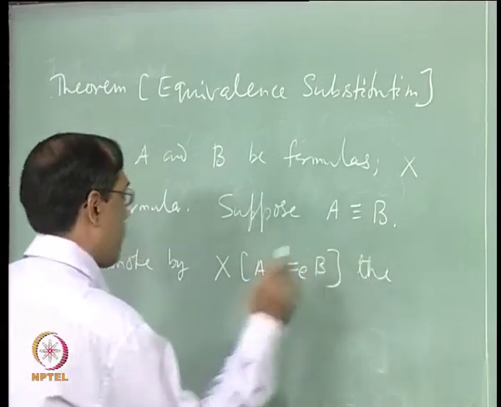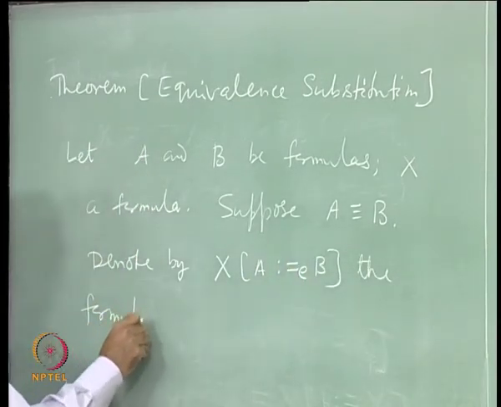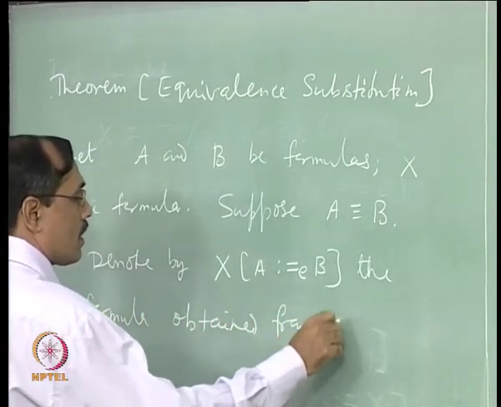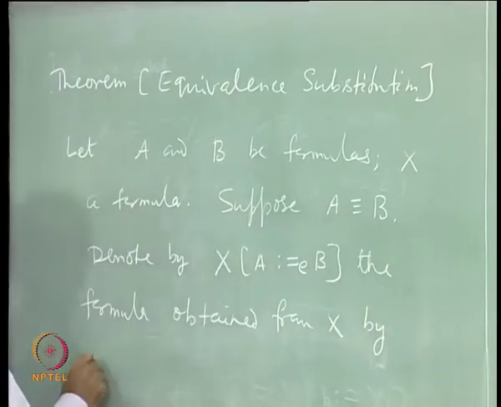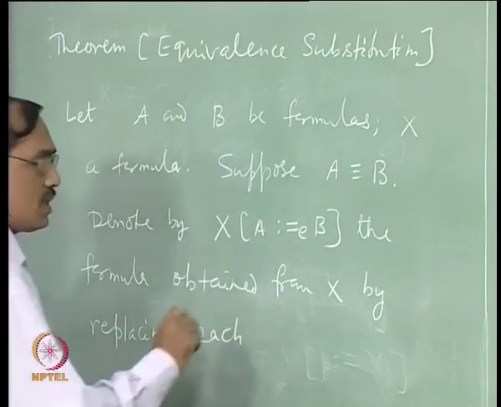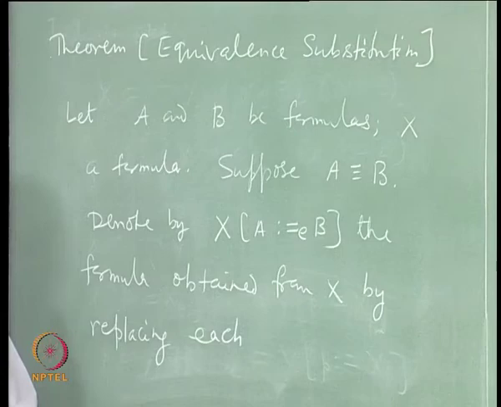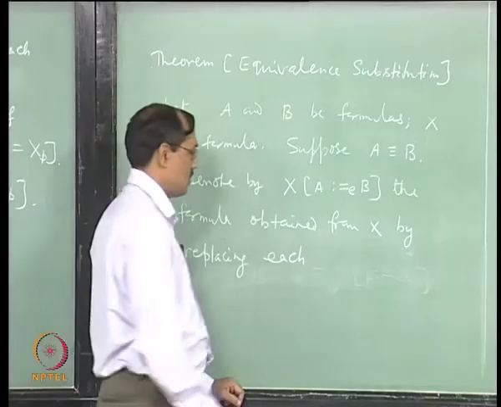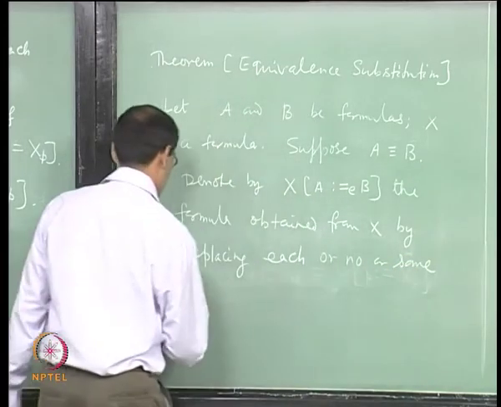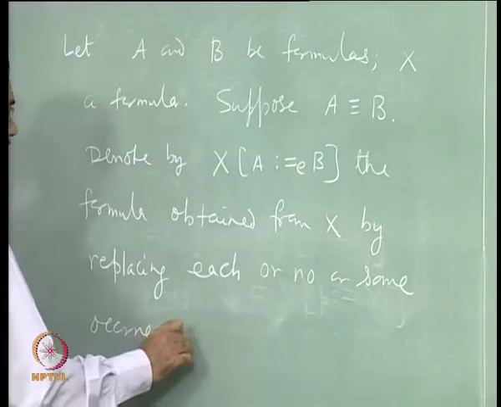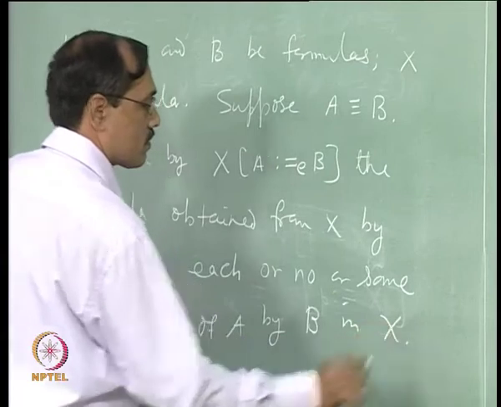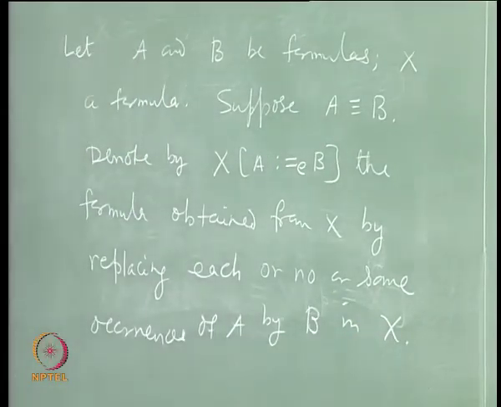The formula obtained from X by replacing each, but do we need each occurrence here now? They are equivalent, even some will do. So, write each or no or some occurrences of A by B in X. Okay.